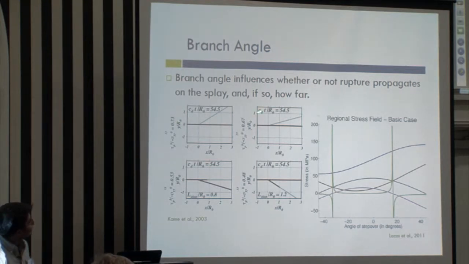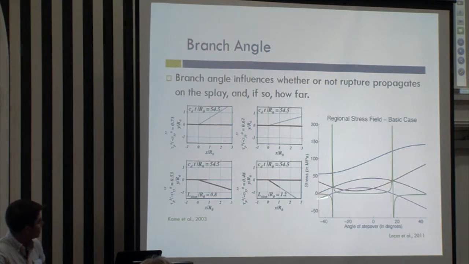For these, there is no rupture on the branch, but as you put it on the other side, I believe this is the restraining side and this is the releasing side, you start to have rupture on the branch. For a shallower angle, you go through the whole branch, and as it gets wider, you get more of the main fault and less of the branch fault. This is just an angle effect here.